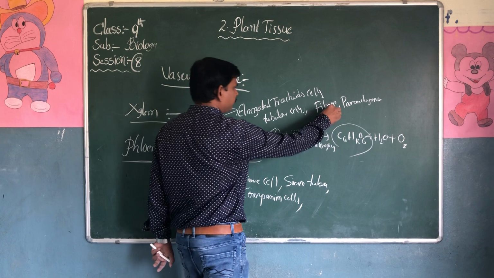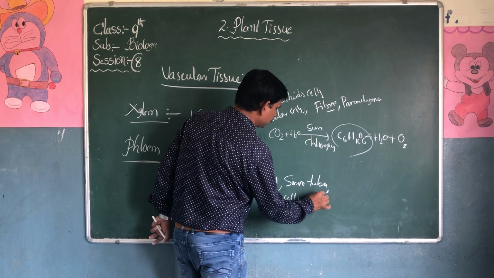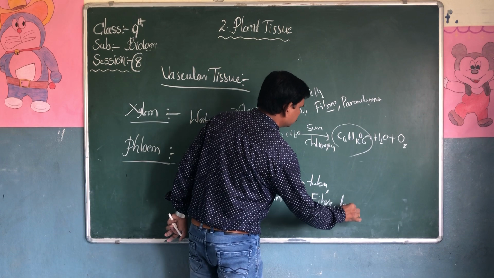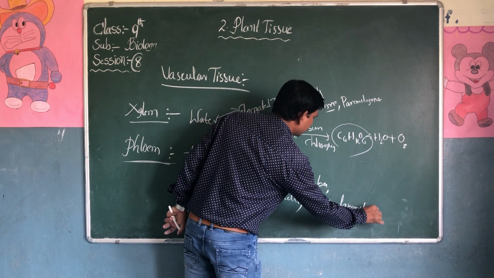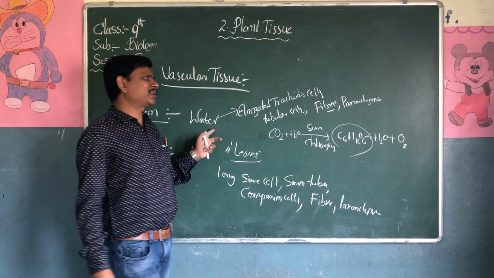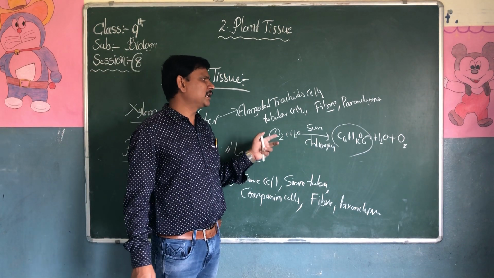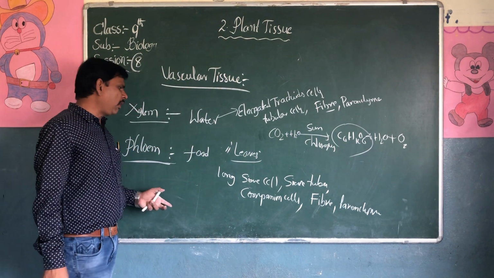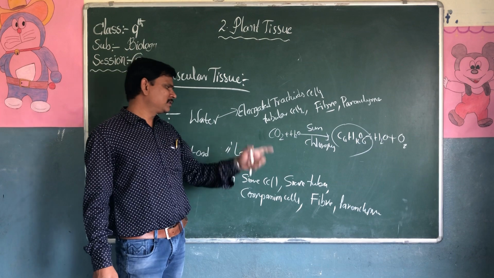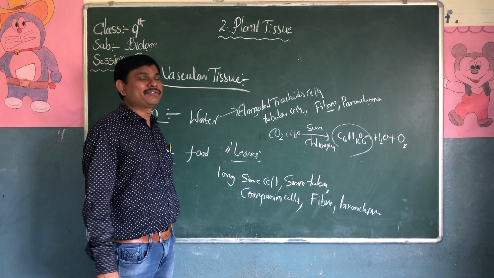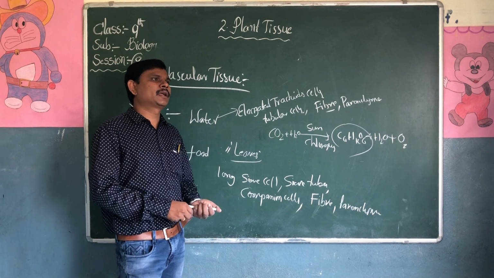They also contain fiber and parenchyma. Xylem contains elongated tracheid cells, tubular cells, fiber and parenchyma. Phloem contains long sieve cells and sieve tubes, companion cells, fiber and parenchyma.